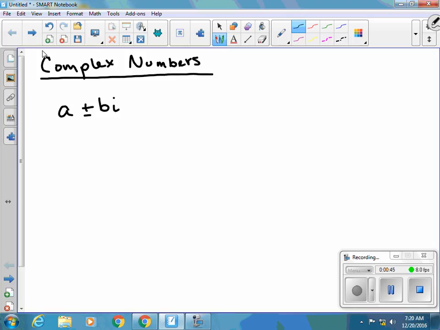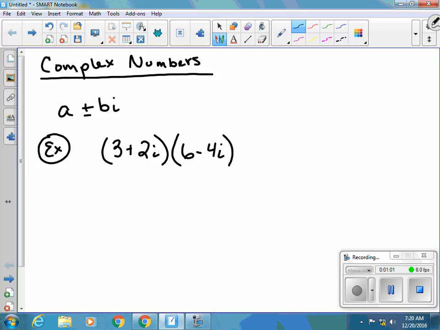The next step is when you actually need to multiply, and this is where it can get tricky. So for instance, if I were to have 3 plus 2i times 6 minus 4i. I distribute this just like I normally would with any other multiplication like this.